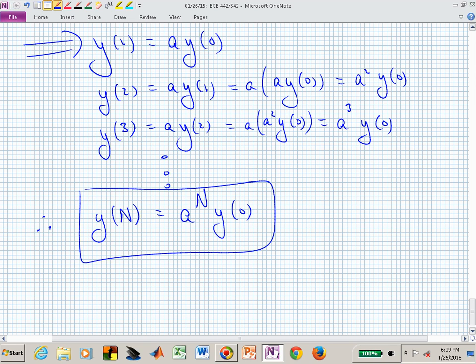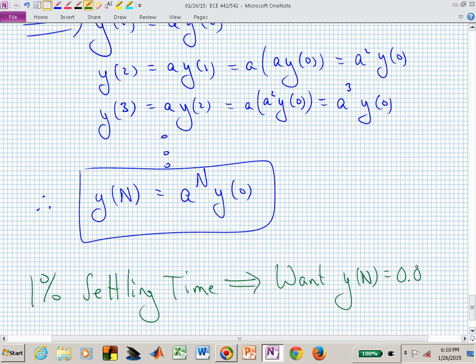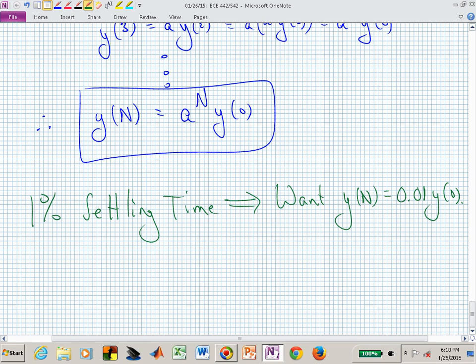If this is a 1% settling time, that's what we want, isn't it? We want y at capital N to be equal to or less than 0.01, 1% of where we started, and where we started was y at time 0.